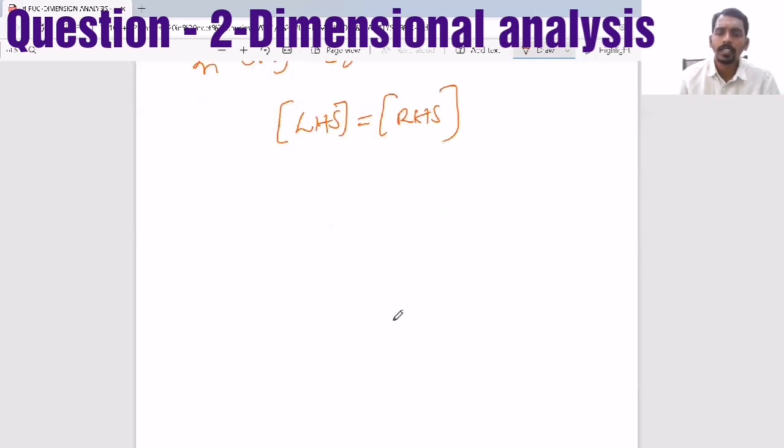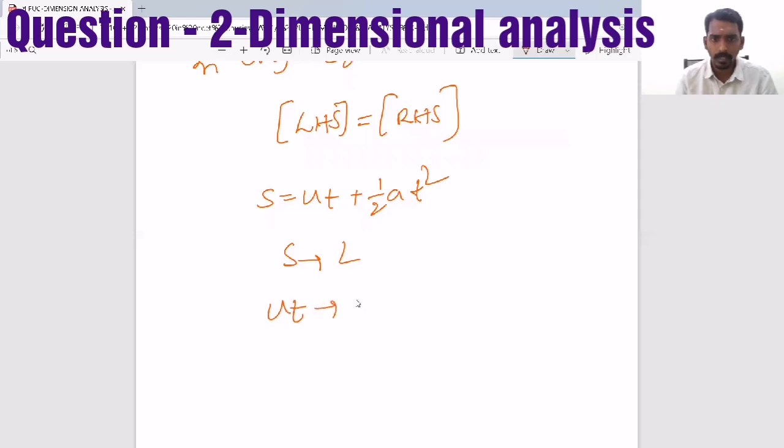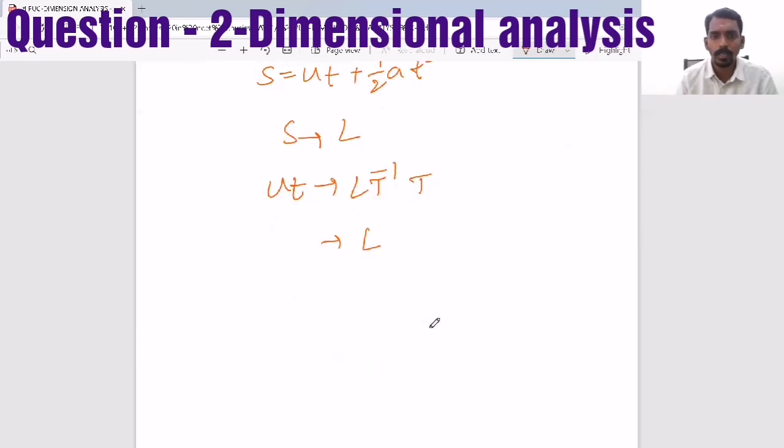Or you can say each and every term must have the same dimension. Consider one simple example, S equal to UT plus half AT square. Here S means L. UT means L t power minus 1, speed, into T, which is nothing but L, because t power minus 1 and T cancel.